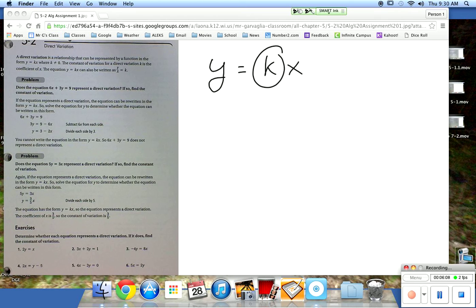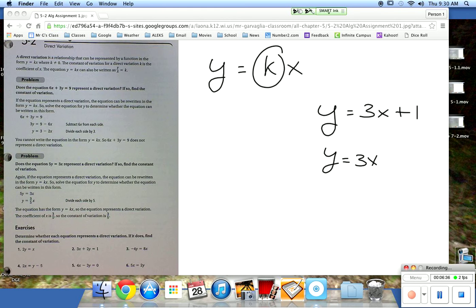It can even be an imaginary number, which you can't graph. So you understand that. That's direct variation. If you have anything on the end of it, let's say 3x plus 1, it cannot be a direct variation of that form. Y equals just 3x is.